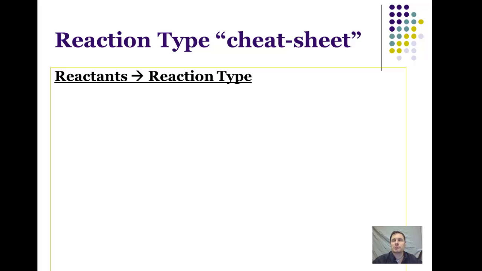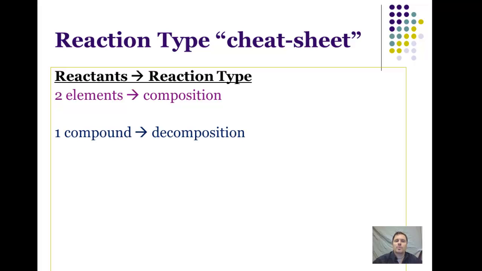Okay, let me end here by giving you a little cheat sheet on how to remember these reaction types, because you're going to be responsible for all of them. By knowing what your reactants are, you're going to be able to predict your product. If you start with two elements, you're going to have a combination, a synthesis reaction, composition, two elements coming together. If you start with one compound, it's going to break down, decomposition. Remember there's 4 types, and you got to know all 4 of those, so be aware of those.